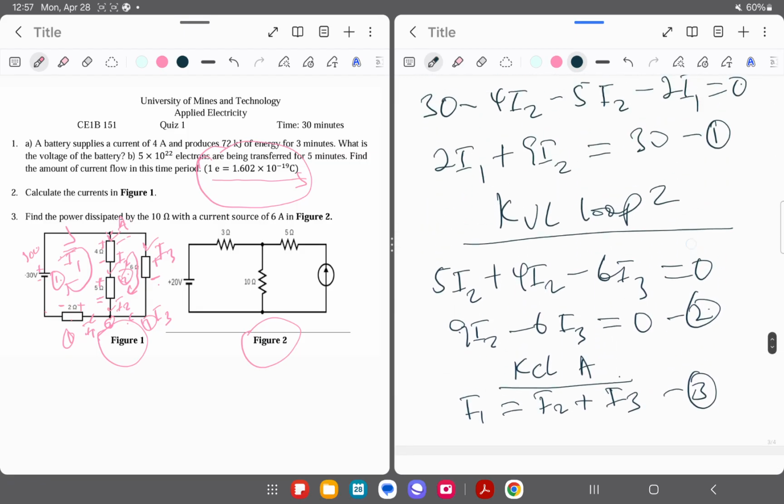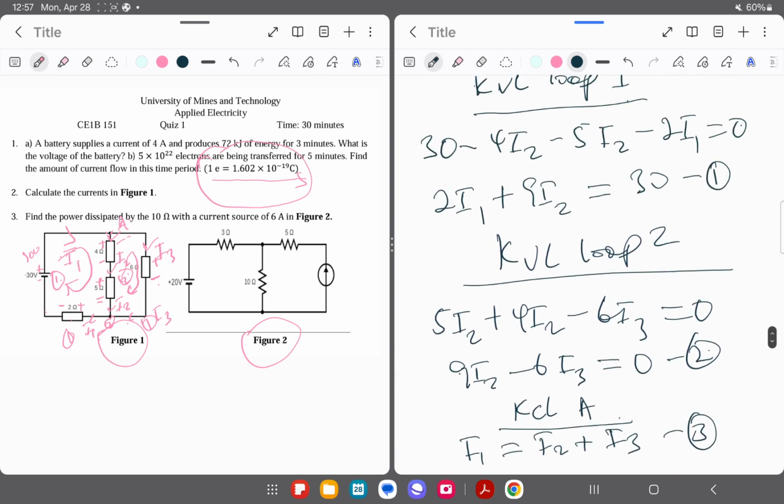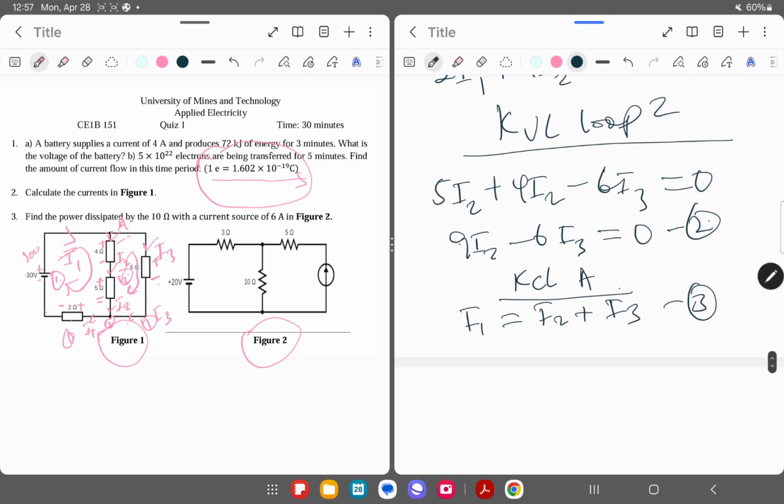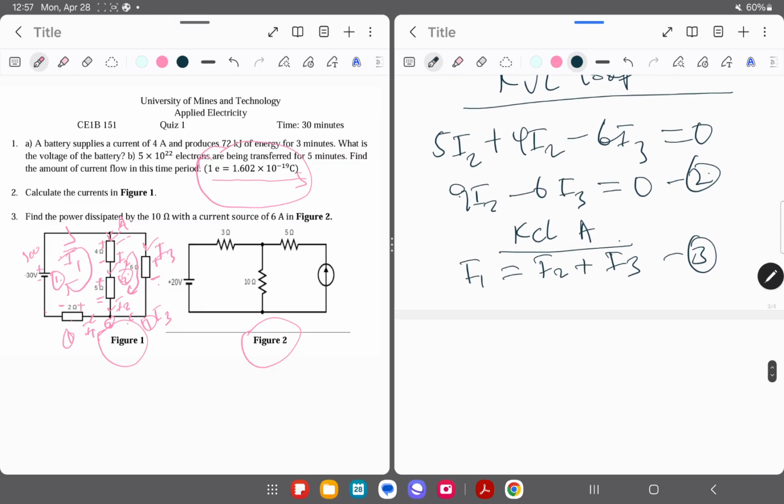So in solving equations 1, 2, and 3, first starting, I can see that in equation 1, I have I1 and I2. Equation 2, I2, I3. Equation 3, I have I1, I2, I3. So I'm going to simplify, I'm going to make I3 the subject in equation 3 and replace it in equation 2. So with this, I have I3 equals I1 minus I2.